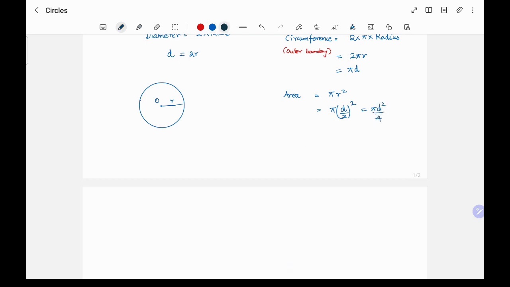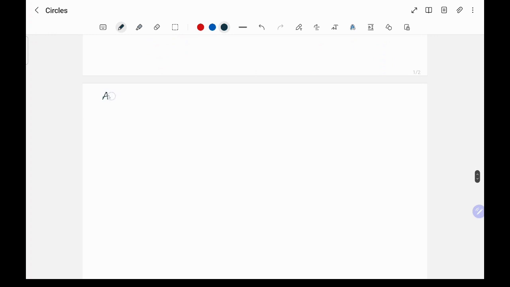So next we'll define something called an arc. You have a circle, and if you take any particular segment, if you only consider part of the circumference, it is called an arc.